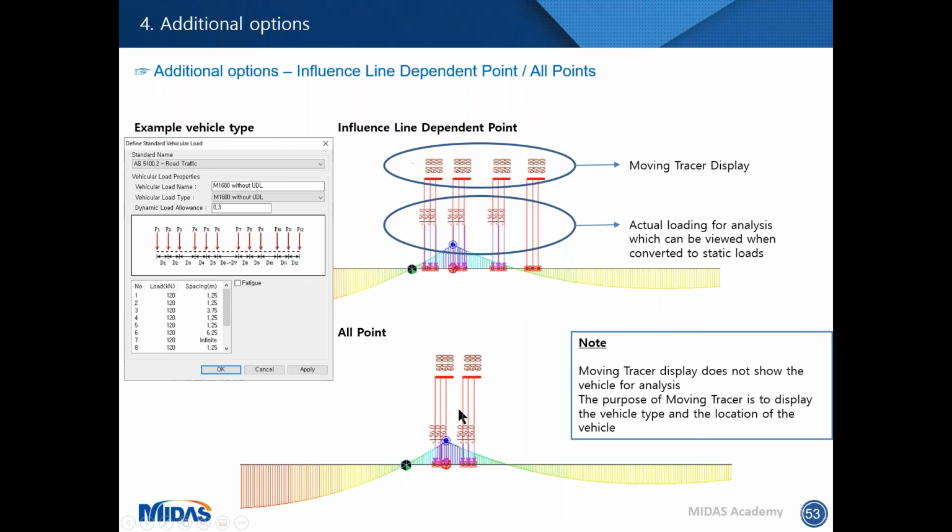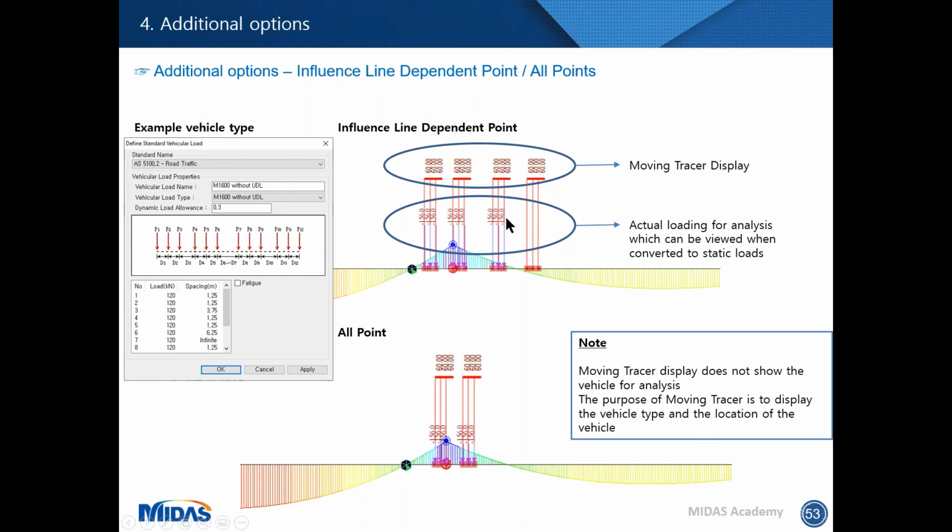It shows difference. Before I tell you the differences between two options, I'll tell you about these values. So up here, this is showing the vehicle location when you see the moving load tracer. And this value down here is showing the actual load value when you convert moving load to static load.